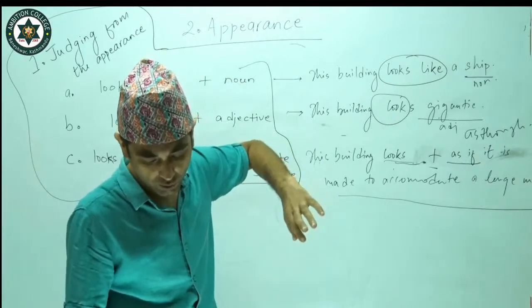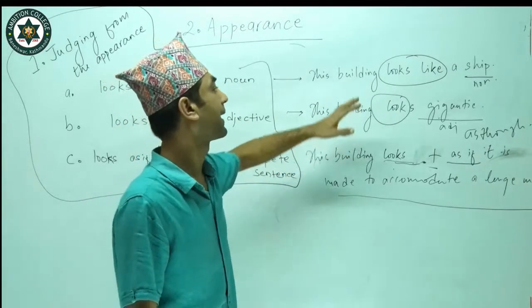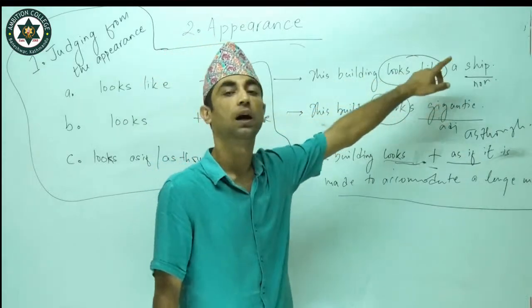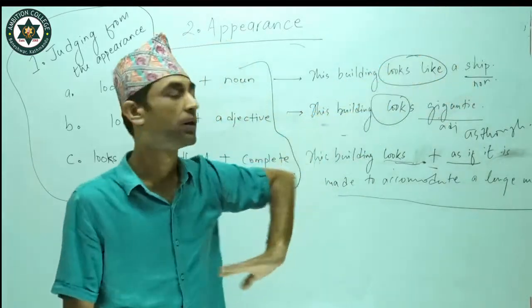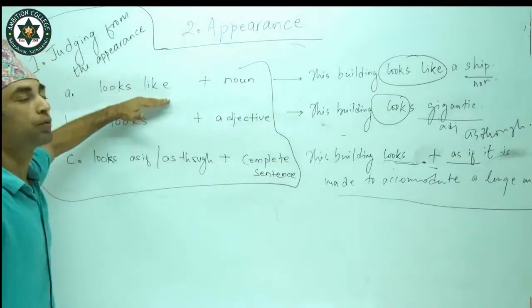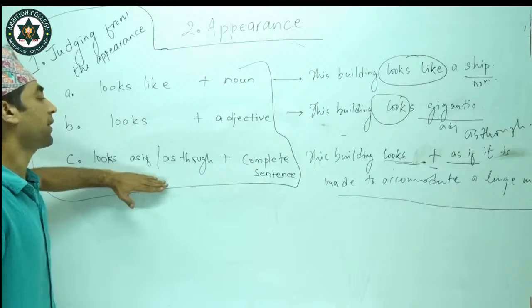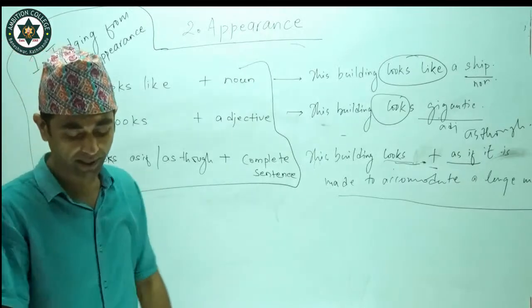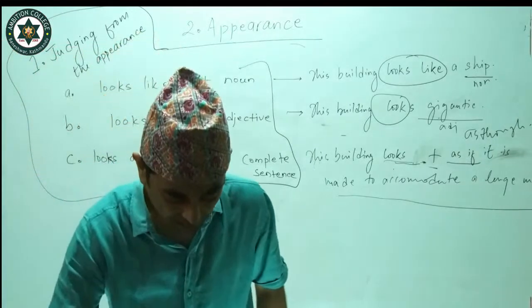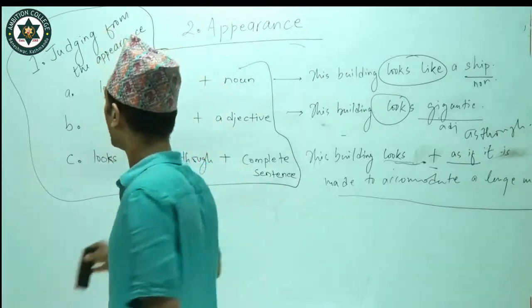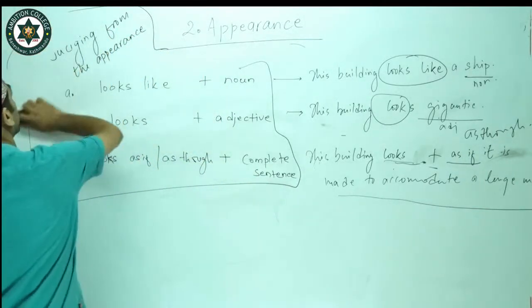Now it looks like a wedding cake. So always we have noun with looks like, adjective with looks, and looks as if and as though is followed by the complete sentence.